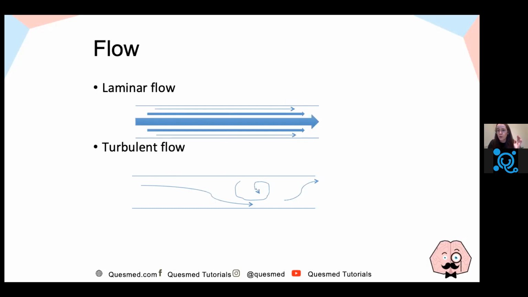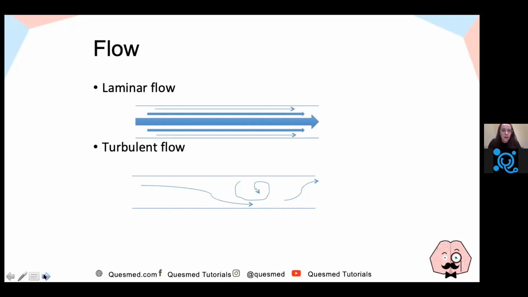Laminar flow is much more efficient. It means that flow can happen much more quickly, and we can get a much greater volume into an area when flow is laminar compared to when flow is turbulent. And it also means that the energy used to get the volume of fluid in that area is much less. Okay.